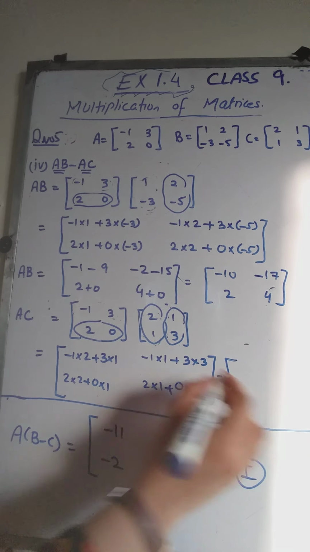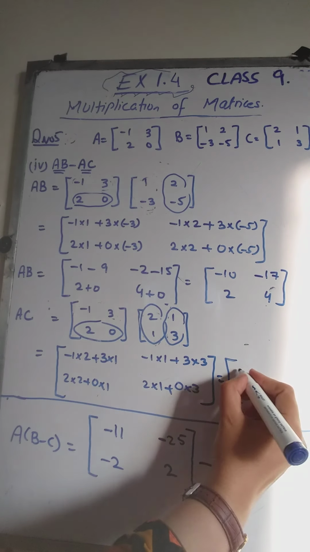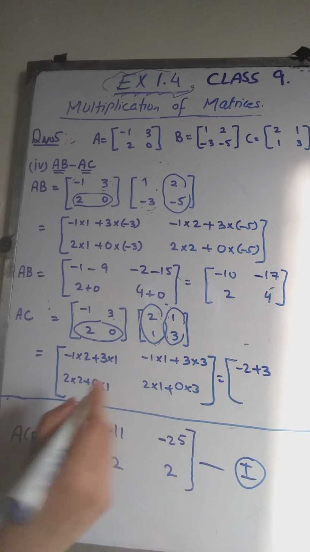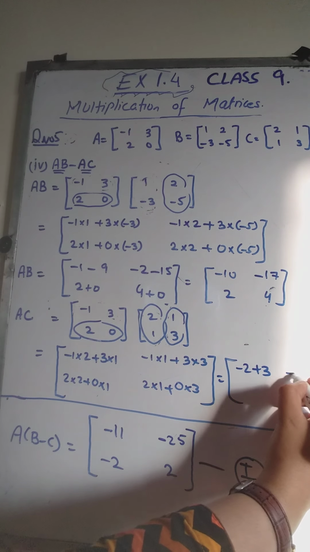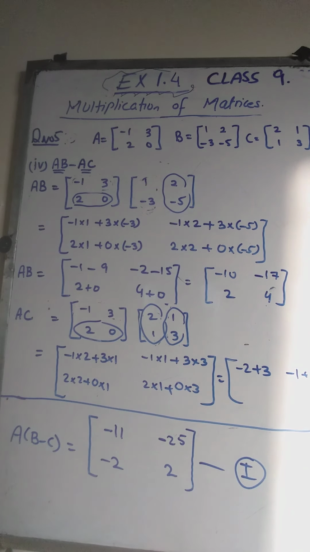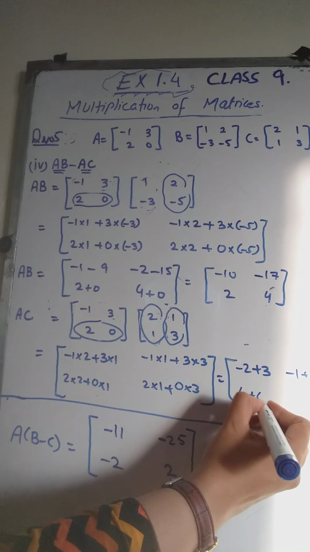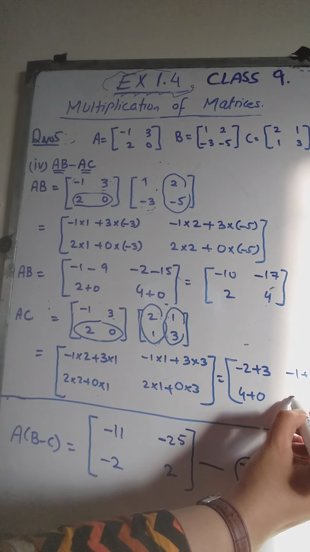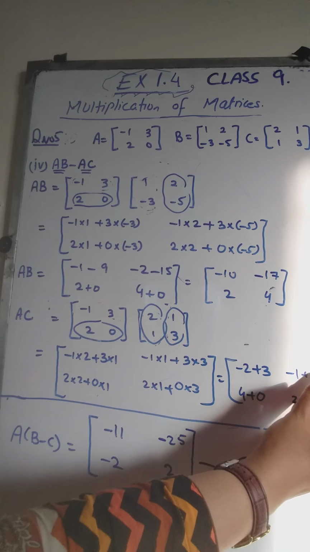The answer will be negative 2 plus 3, negative 1 plus 9, 4 plus 0, and 2 plus 0.